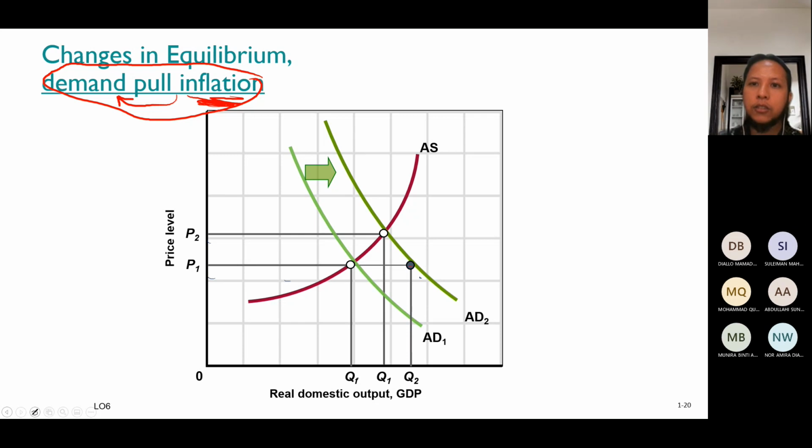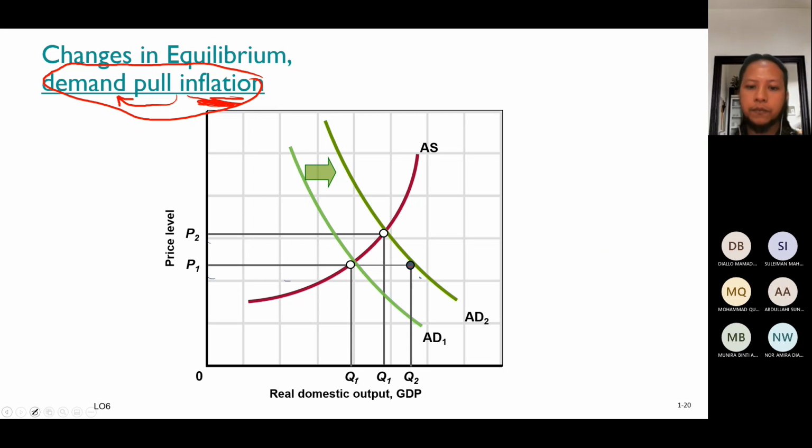And this is arguably, to simplify, one of the reasons why inflation is currently happening around the world. There are various schools of thought. In the US, mainly I think the Republicans are saying that this is happening because AD is shifting.